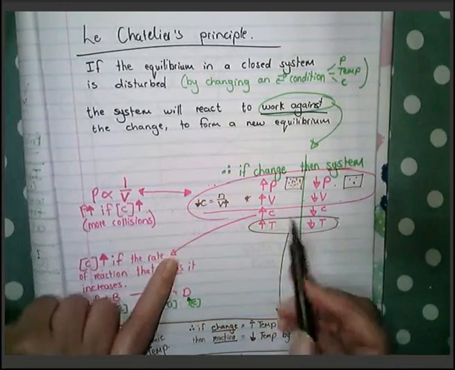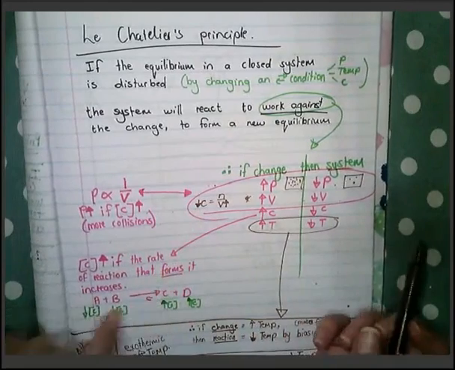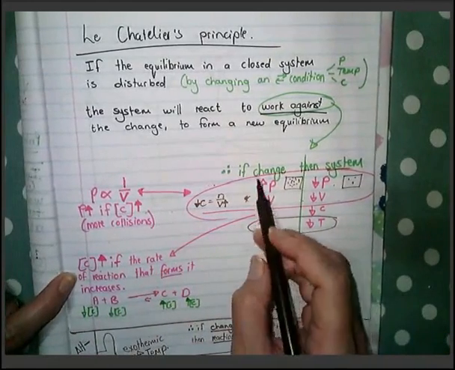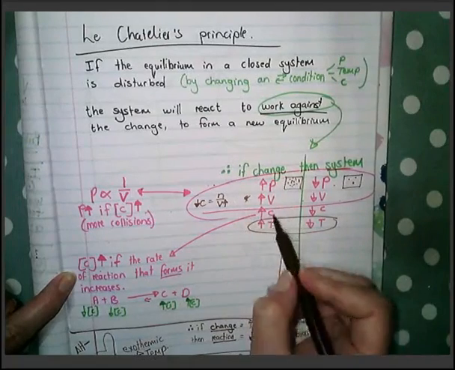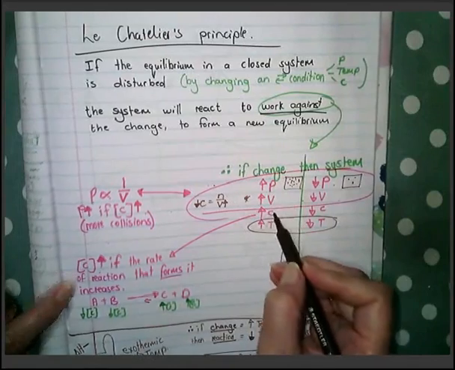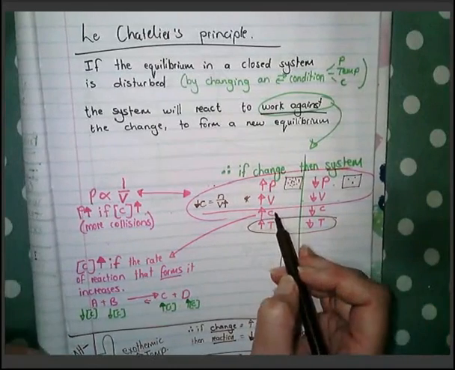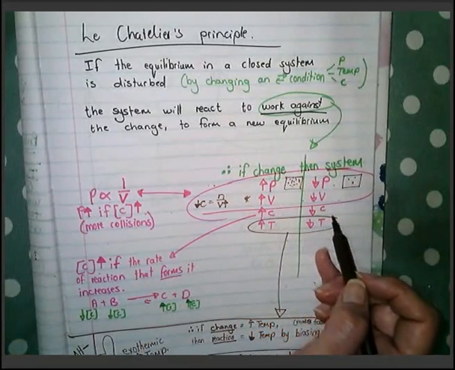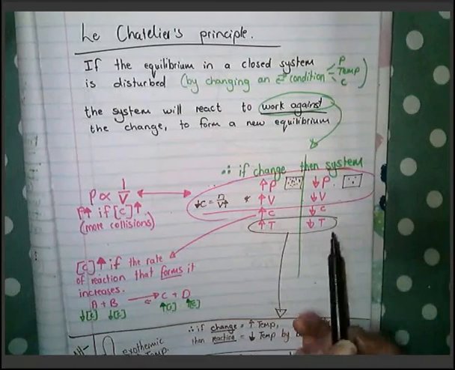Okay? I'm going to show you what it does to increase the concentration now. If the change that happened in an equilibrium system was that the concentration of something increased, let's say the concentration of A increased, the system will decrease the concentration of A. Okay.